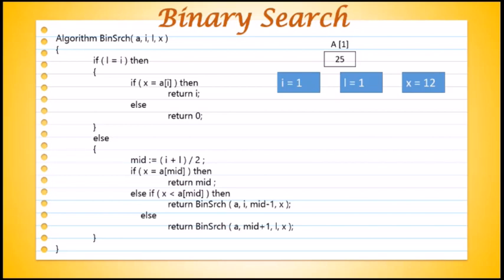Here x is equal to a of 1 is false, so we return 0. In the given list, the searching element is not present, so we are returning 0.